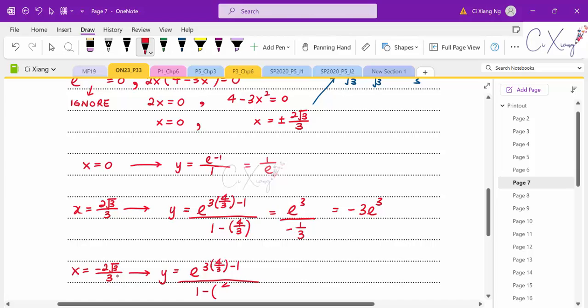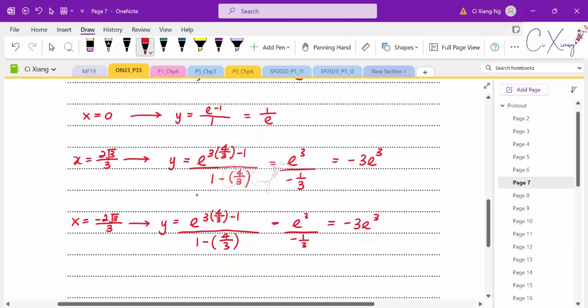Again, you get 4 over 3. When you simplify it, you get the same value: e power 3 on top, divided by negative 1 over 3, which simplifies to negative 3e power 3. So we have successfully found the coordinates for all the stationary points. There are 3 stationary points here.